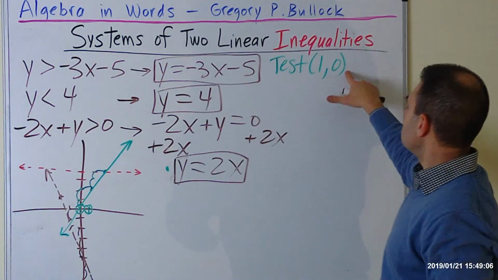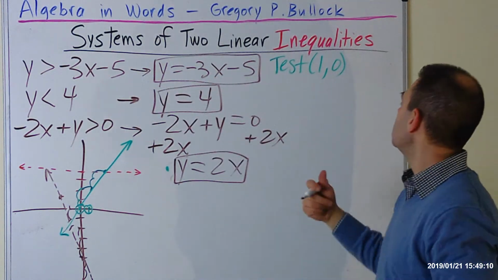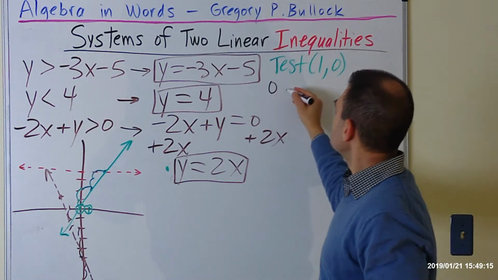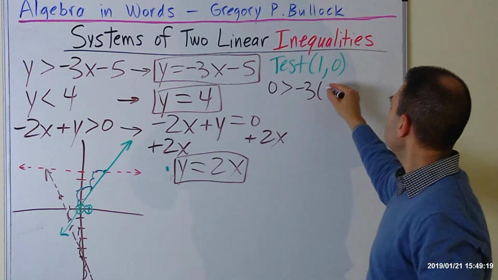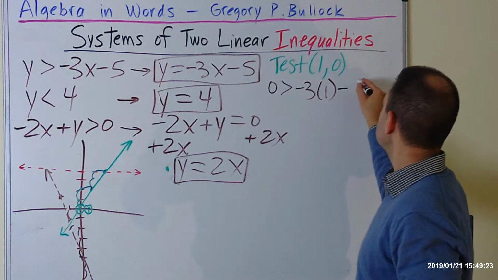We're going to put 1 and 0 into the top inequality and see what we get. So 0 in for y is greater than negative 3 times 1 in for x minus 5. That's just the minus 5.